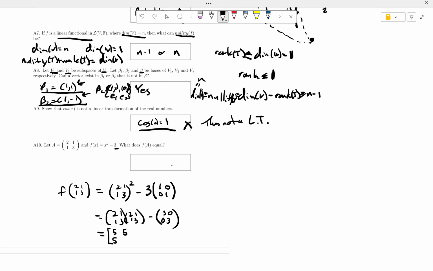Now 1 plus 9 is 10. Minus [3, 0; 0, 3], which equals [2, 5; 5, 7]. So my answer is [2, 5; 5, 7].